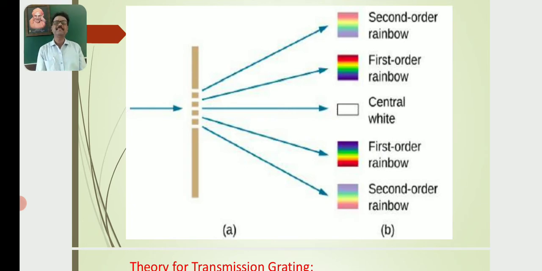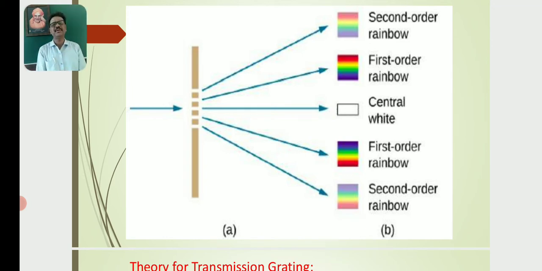Suppose polychromatic light, say white light, such as light from a mercury source, is made to pass through the grating.